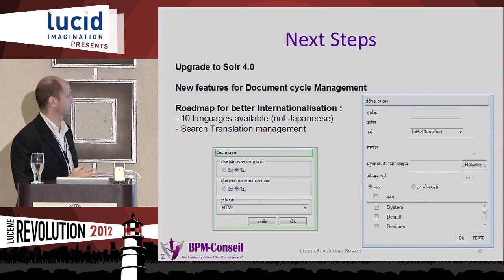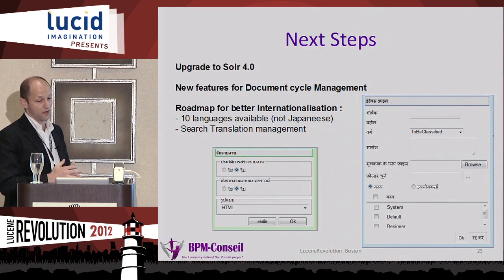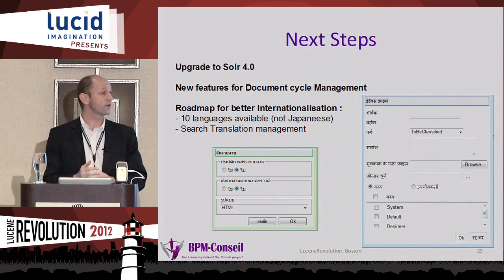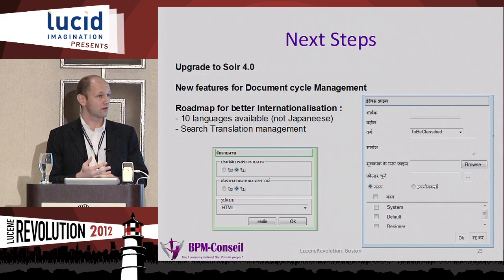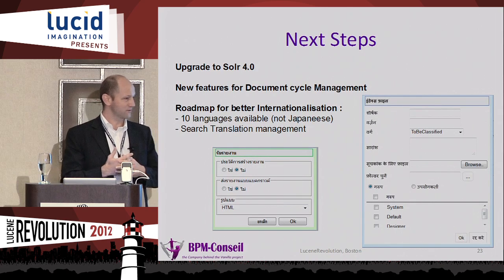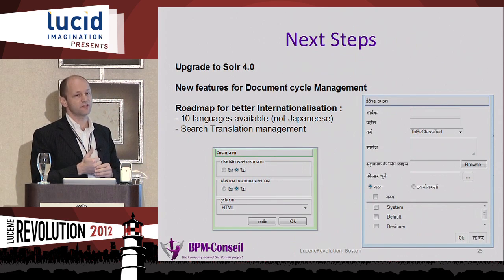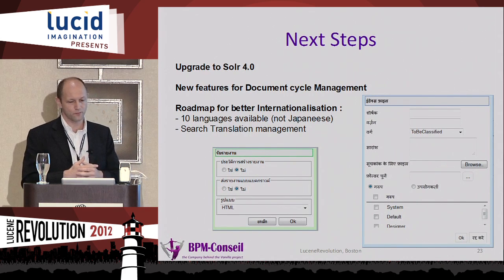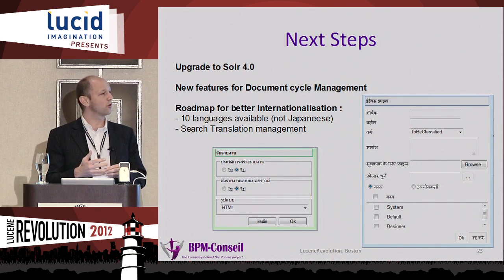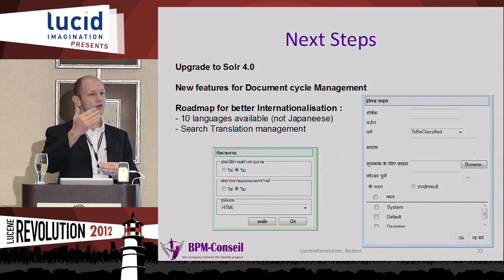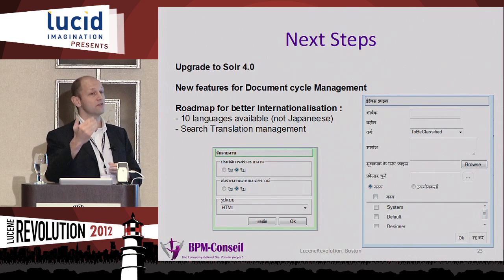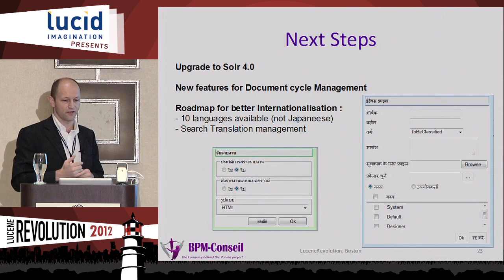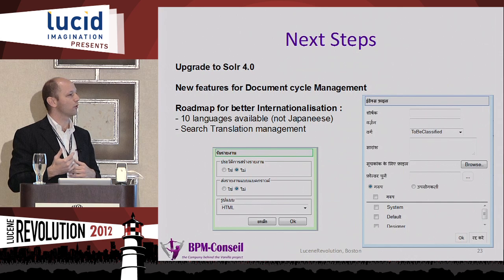Next step for us, an upgrade to Solr 4 when it's available. To be honest with you, I don't know why, but there's many things. I would say there is one thing. We are on Solr 3.5, 3.4, 3.5, I don't remember. There is something important, it's moving to 3.6. Because in 3.6, you've got internationalization, Japanese, for example. And for us, it's very important.